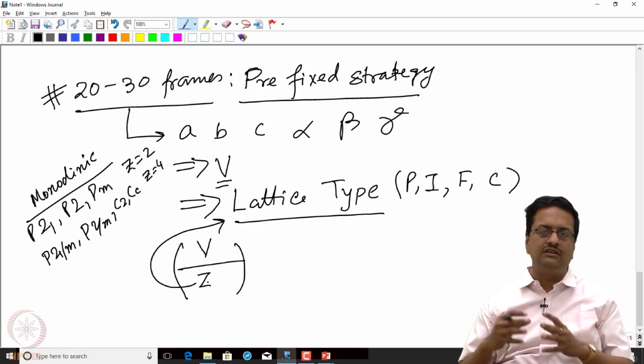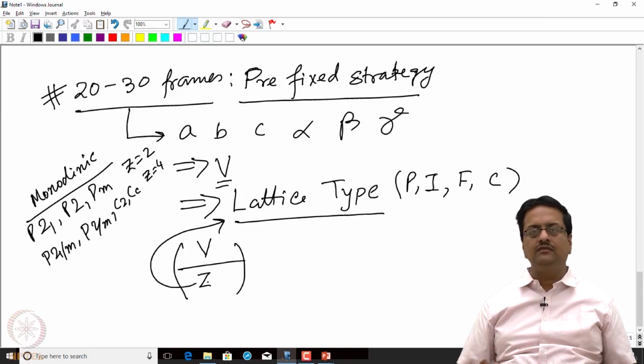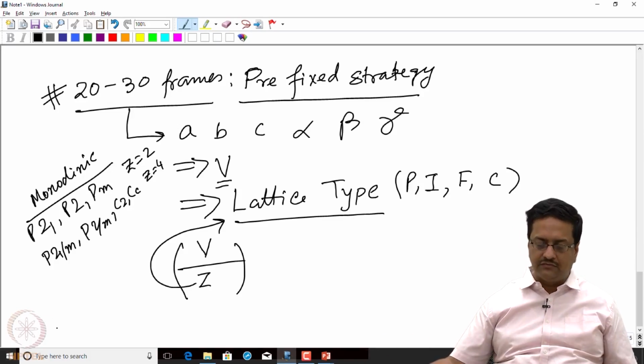that is the smallest unit that is required to represent the lattice, and that asymmetric unit must contain my total number of atoms.